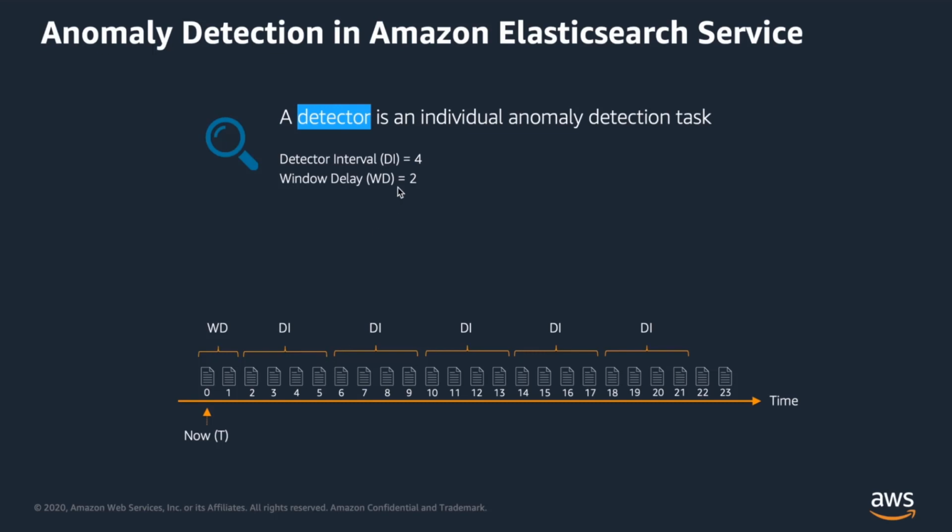In this case, detector interval is 4 seconds. That means this detector is going to accumulate data for every 4 second interval, and then run some aggregation function on these 4 data points and these 4 data points and these 4 data points to produce single aggregate data points.